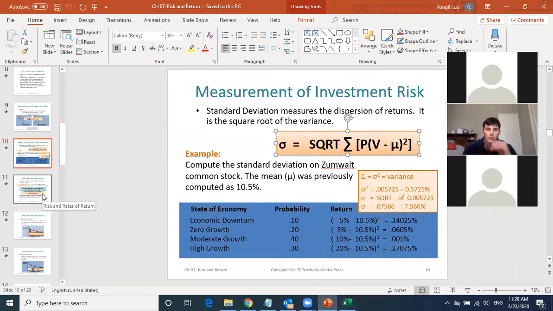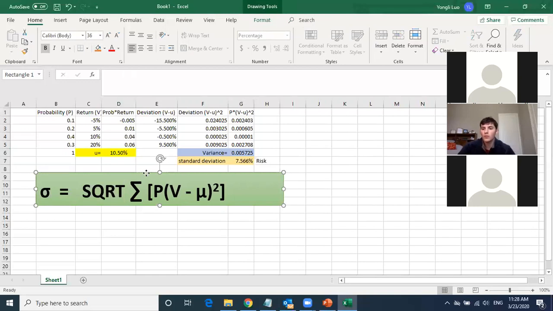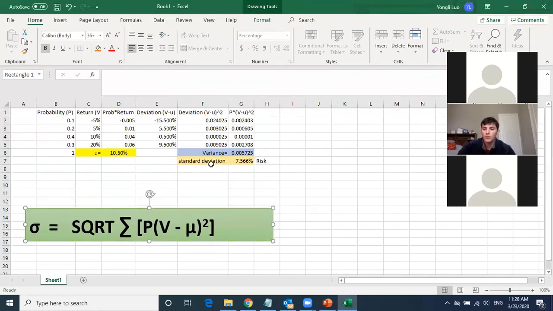Okay, so what we talk about is that typically when the risk is higher, the expected return is higher. When the risk is lower, the expected return is lower, right? If you have two stocks, which stock do you want to choose in your investment portfolio?